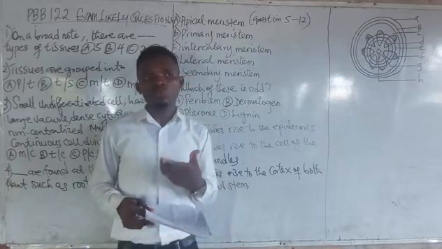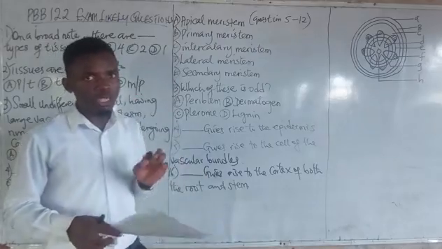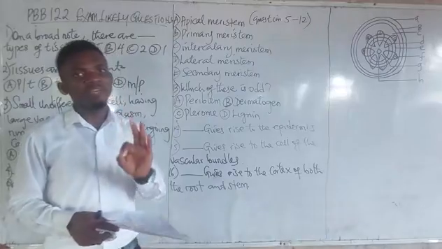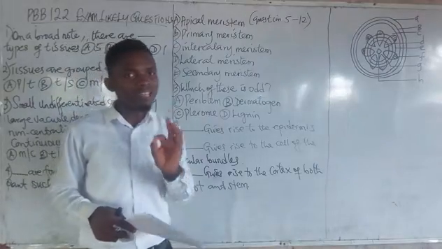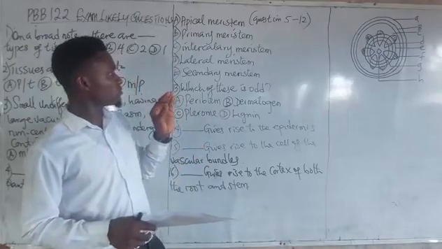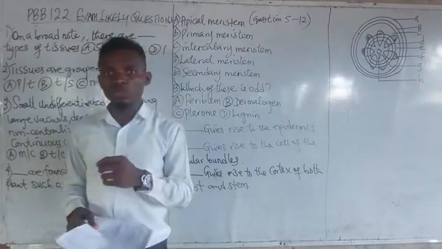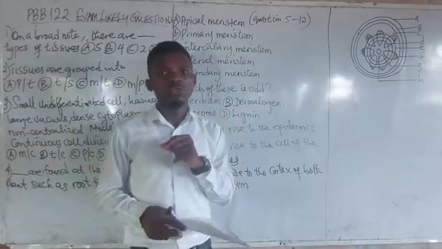What is secondary growth? When the root of plants increases in diameter, you call that secondary growth, or secondary thickening. Apart from the secondary permanent meristem, the cambium also triggers secondary growth in dicot plants.